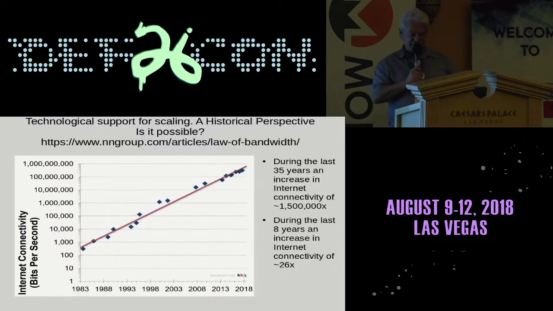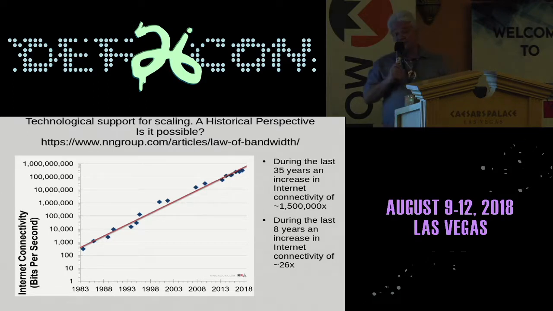So my next slide, I'm going to show a similar, more recent trend, where we're talking about, again, the bandwidth. And this is bandwidth here in the United States, but it's a good indicator. Again, from 1983, we're talking about a log scale, to 2018, and we see an increase in internet connectivity of 1.5 million times in the amount of bandwidth.